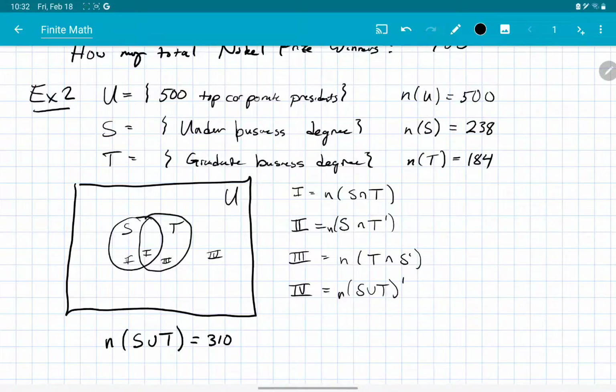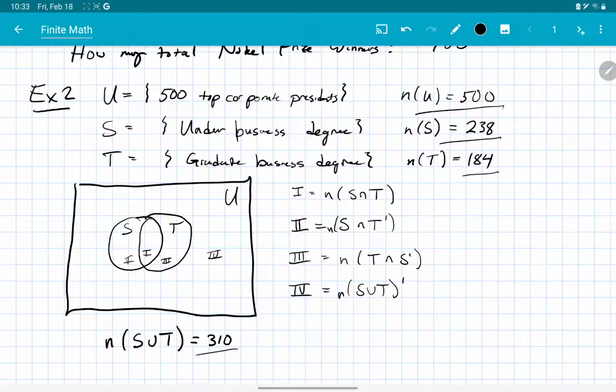So we don't have the numbers in region 1, 2, 3, and 4, but we have a bunch of other numbers: this 500, this 238, this 184, and this 310. Now we've got to work backwards and puzzle out what goes here.